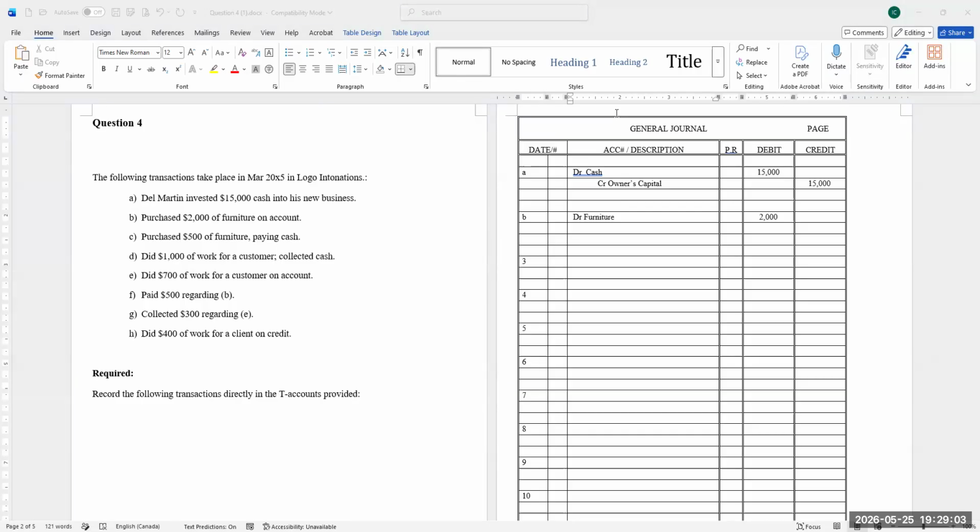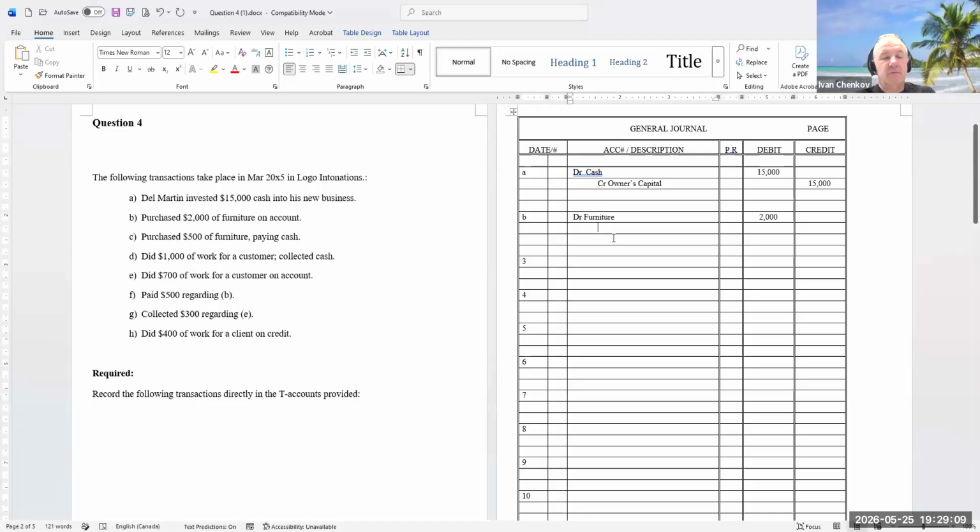How are we going to go with this liability? Since it's on account, for us, that will be accounts payable. So credit will be accounts payable. And how much will be that accounts payable we credit? The same amount, 2000.